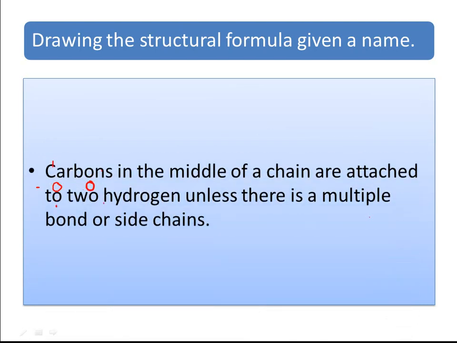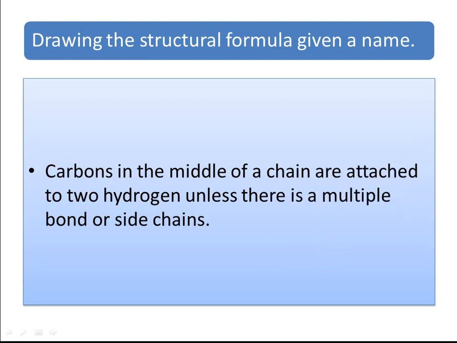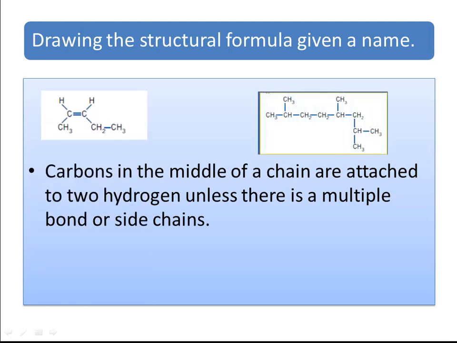Right, the next point I want you to bear in mind as we work through this section is carbon in the middle. If there's a carbon atom or all carbon atoms in the middle of the chain, they are attached to 2 hydrogen atoms unless there is a multiple bond or side chain. What do we mean by that? If we look at something like this here, let's look for carbon atoms that are sitting in the middle of the chain.